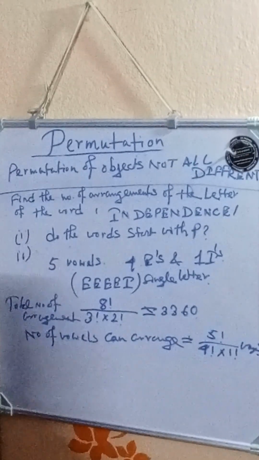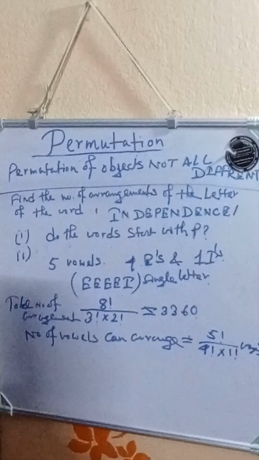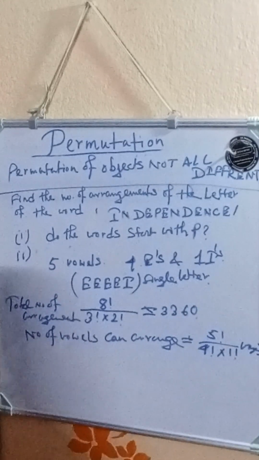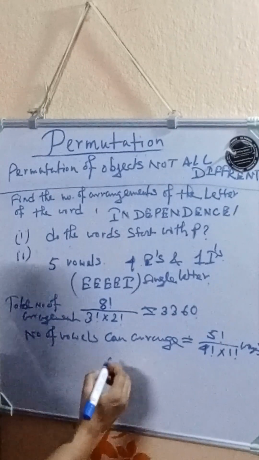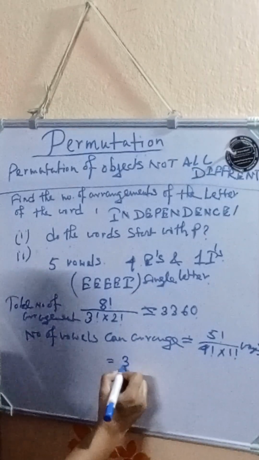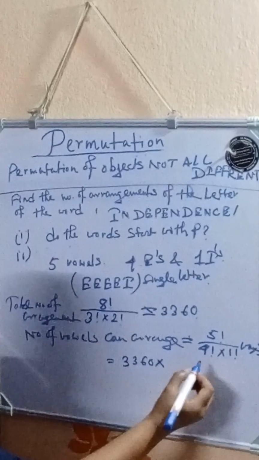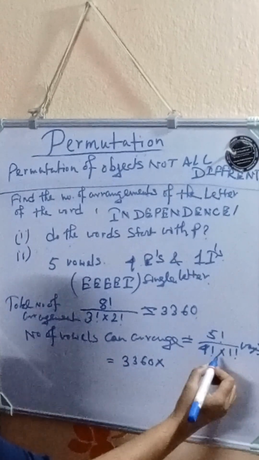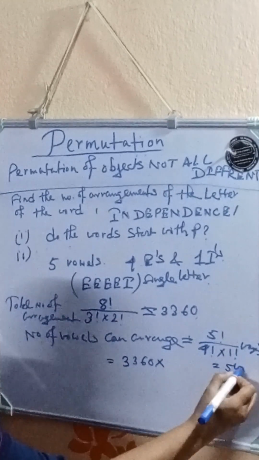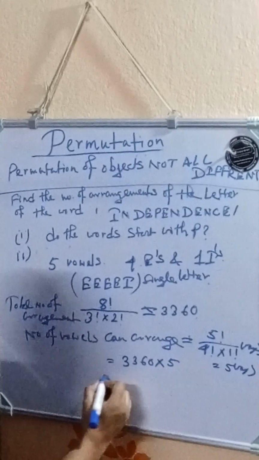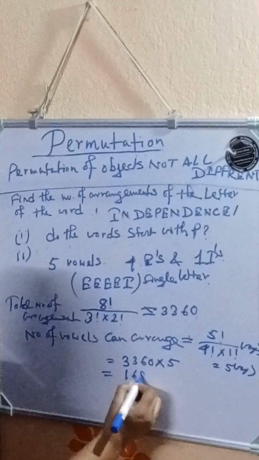Therefore, the total number of arrangements in which the 5 vowels remain together is 3360 into 5, which equals 16800.